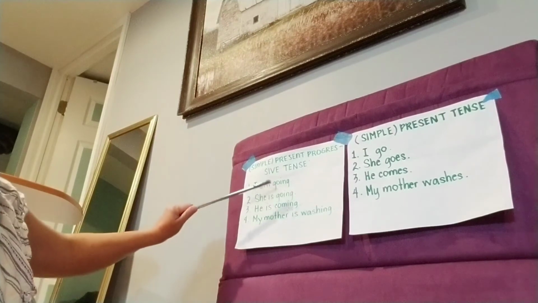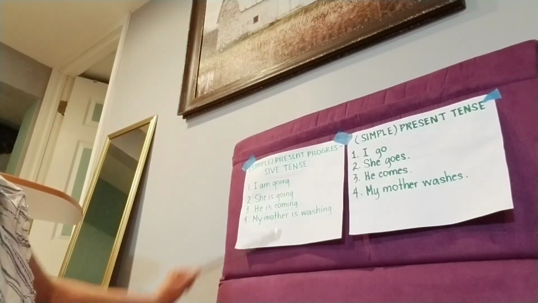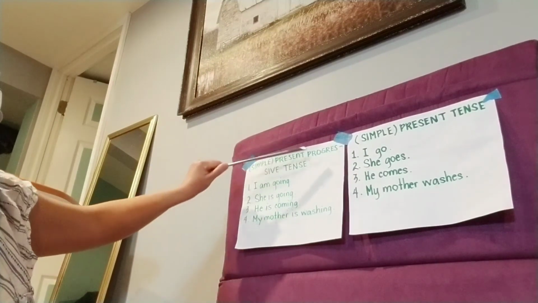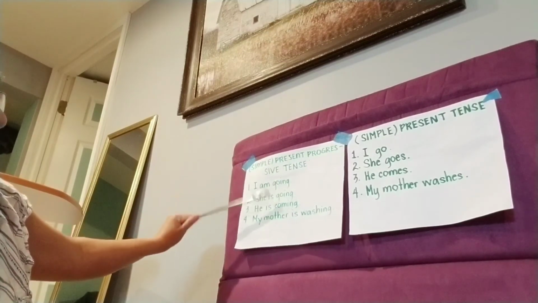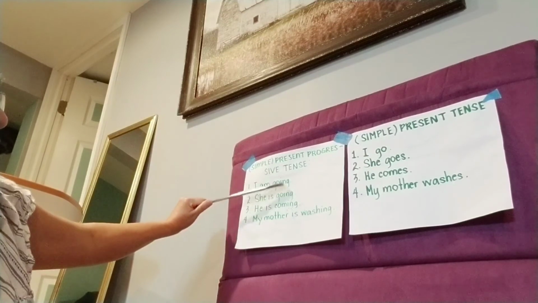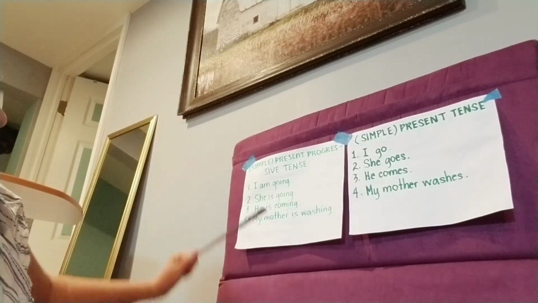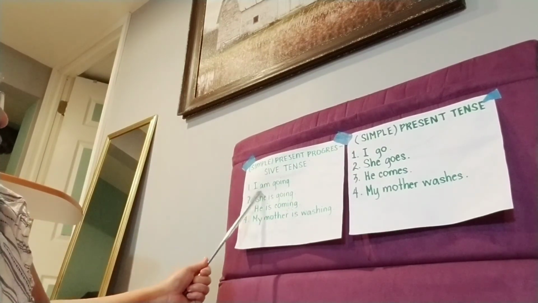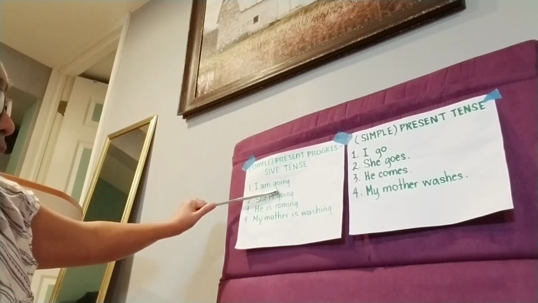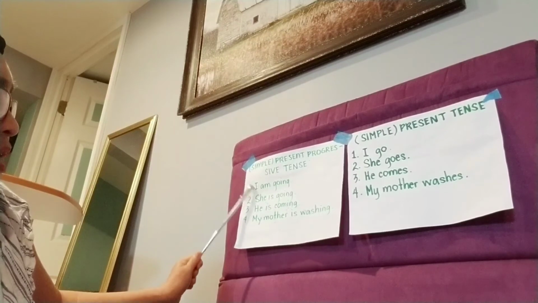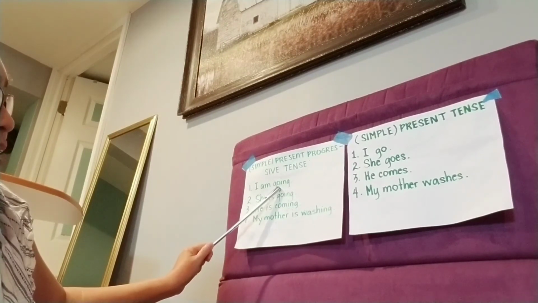The main verb here is go, but since it is a progressive tense, add the suffix ing in order to complete the correct verb of the sentence. Plus, the helping verb am is used because it links the subject and the verb of the sentence.